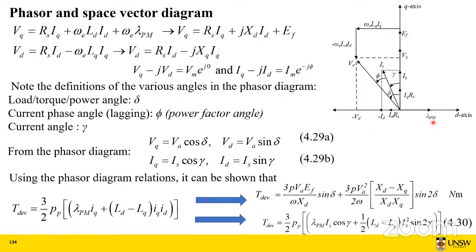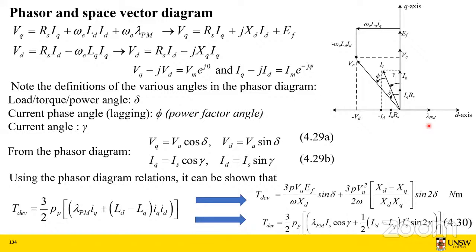If you look at the datasheet of a BLDC machine or PMSM, they usually give this value. They may give it to you as a back EMF constant. In fact, the back EMF constant is nothing but lambda PM, maybe in a different unit.